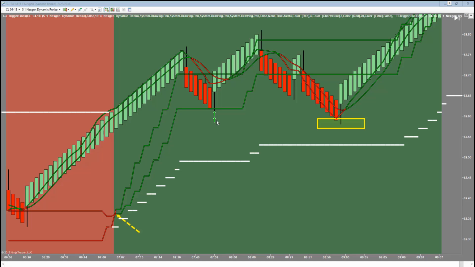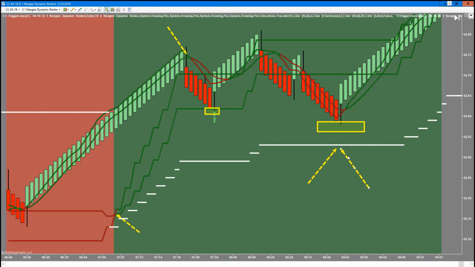If the small triggers are on the correct side, not below the synthetic triggers, we'll have an easier long trade. If the small triggers get below the larger triggers, but they're still crossed up strong, we can still do another long trade, as long as, remember, we don't take out or exceed the 14-2 reversal bar marker.